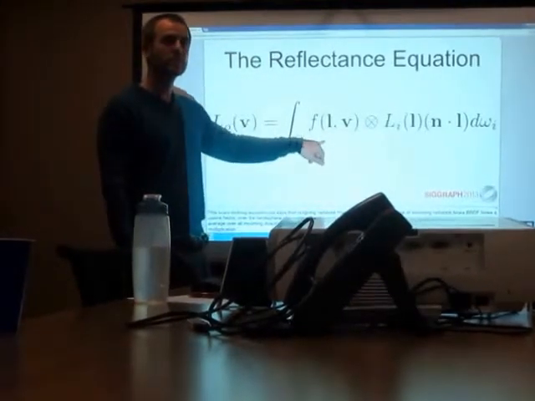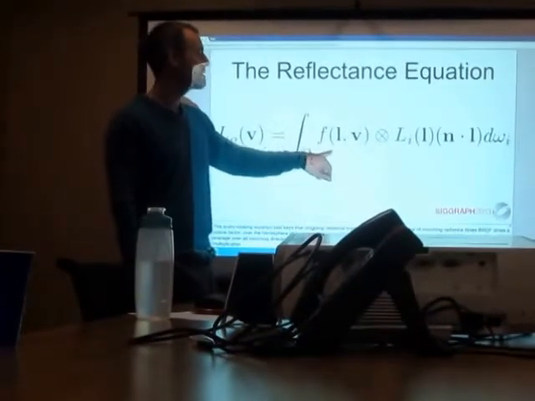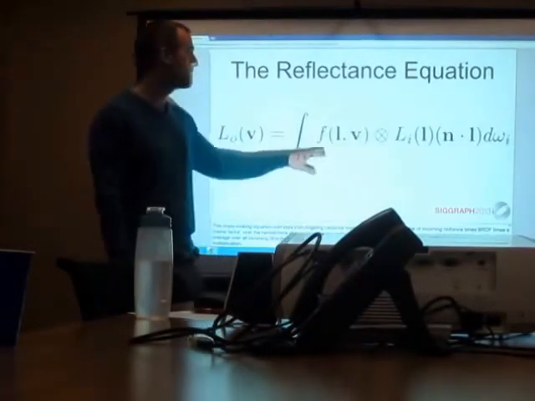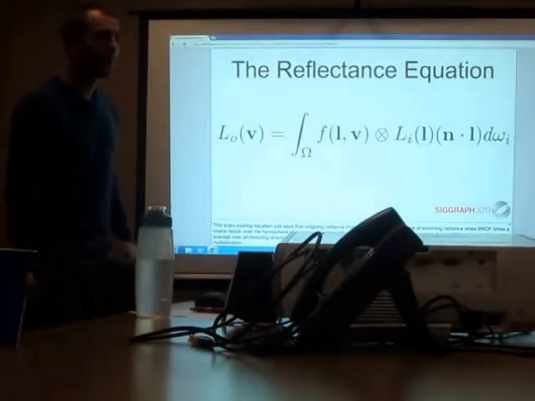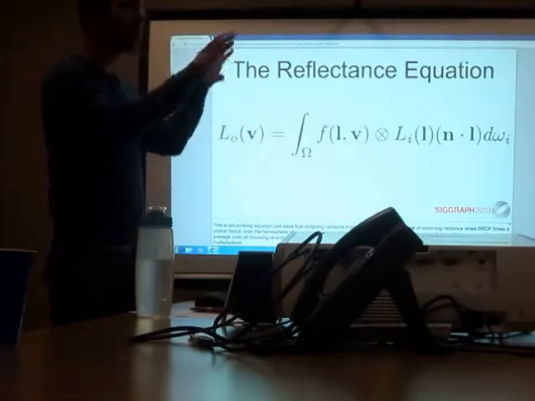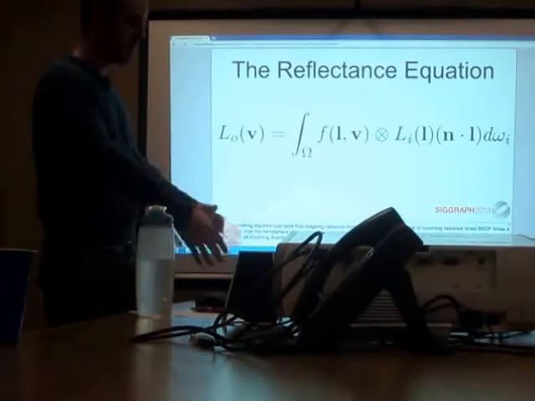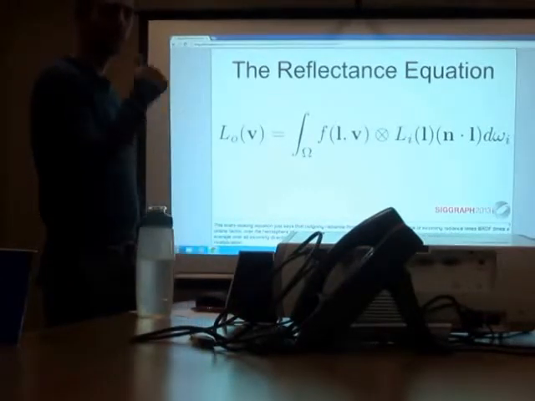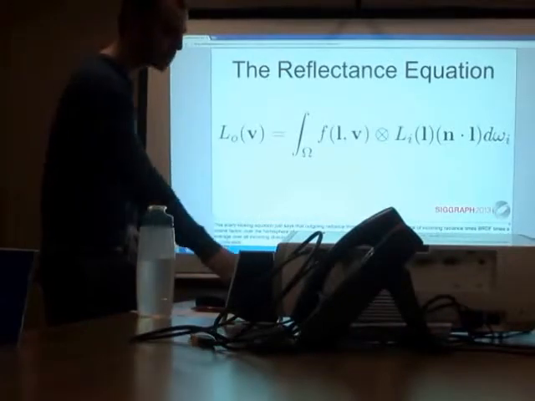Because this is like a percentage. What percentage of light that came in from a given angle gets reflected in the camera's direction. And so you have to add up all of the incoming light that came from all angles and what percentage of that is being reflected back towards the point that you care about, like the camera.